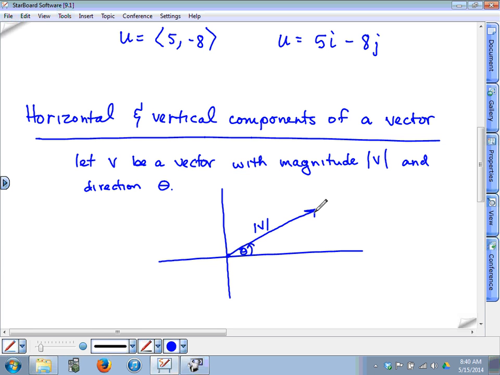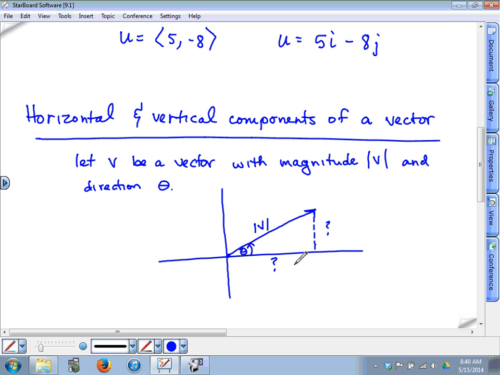So how would we find this length here, for example, or this length there? Think about it for a moment. Hold on for just a second. I want to give everybody a chance to think, and then I'll ask you.